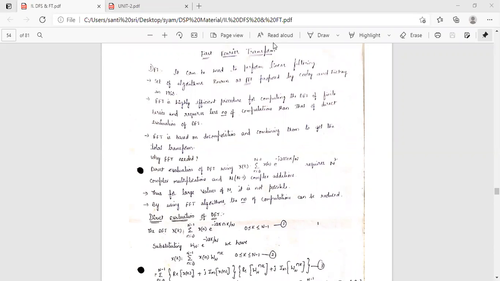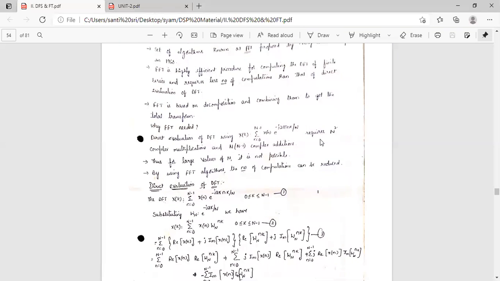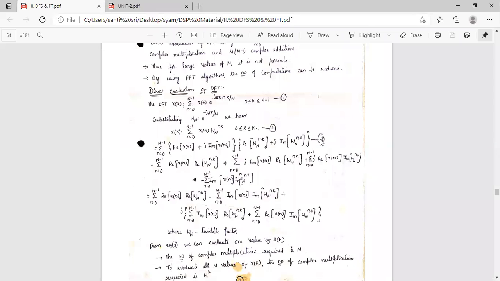Suppose you take the direct evaluation of DFT, that is X of k equals sigma n equals 0 to N minus 1 x of n into e power minus j 2 pi nk by N, where k is varying from 0 to N minus 1. Let it be considered as equation number 1.